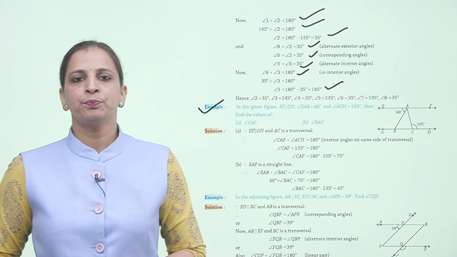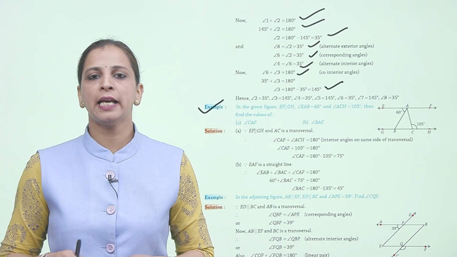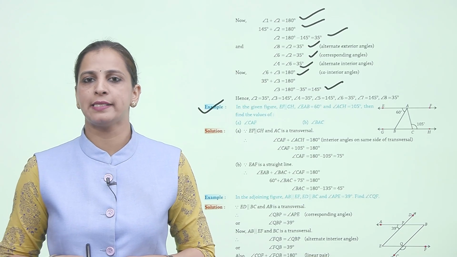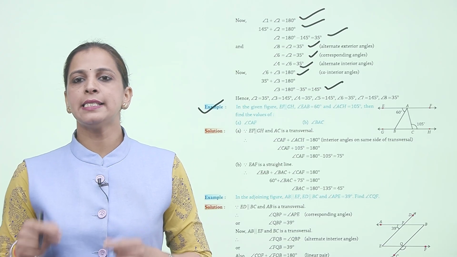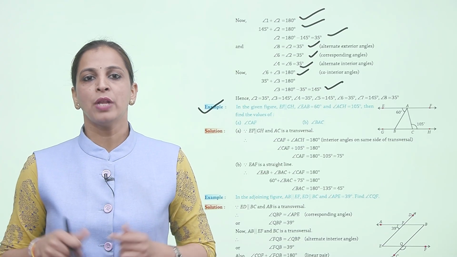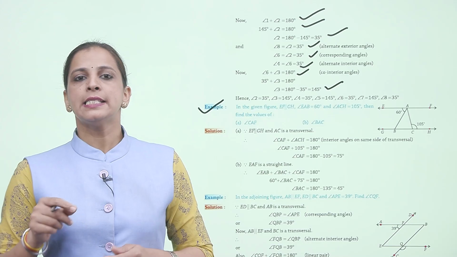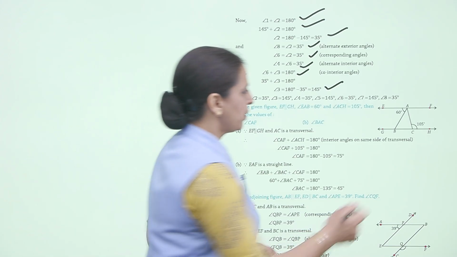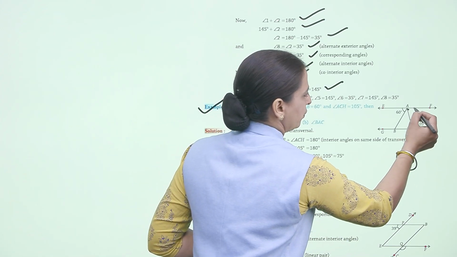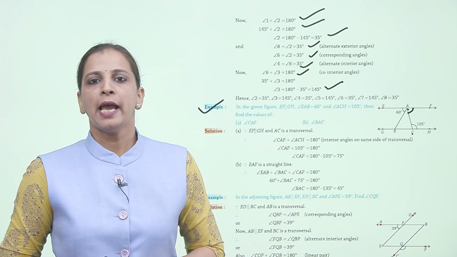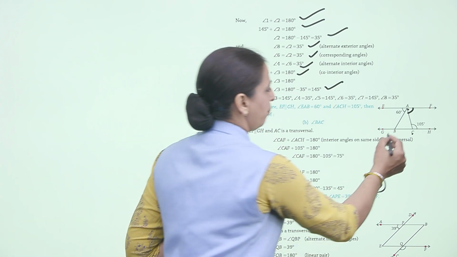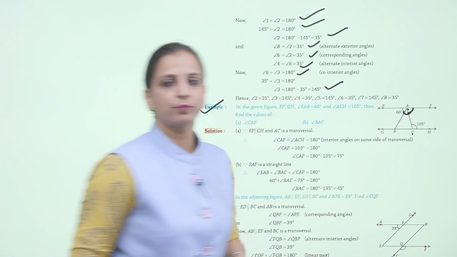In the given figure, EF is parallel to GH, angle EAB is equal to 60 degrees and angle ACH is equal to 105 degrees. Then find the values of angle CAF, this angle, and angle BAC, this angle. So, solution.